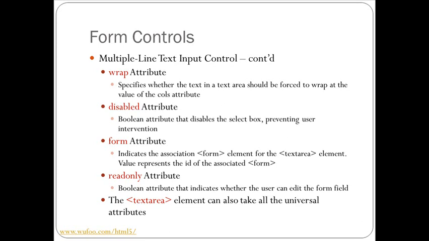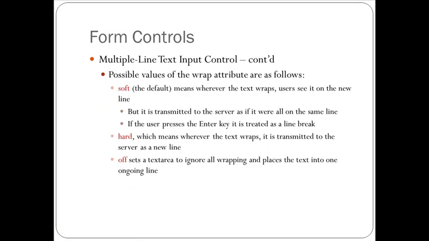The wrap attribute that I talked about, it can take 3 possible values. The book only has 2, but there is a third one which is just off. The default is soft, so if you don't designate the wrap attribute, it's going to be soft, which means that whenever the text wraps, the user sees it on a new line.